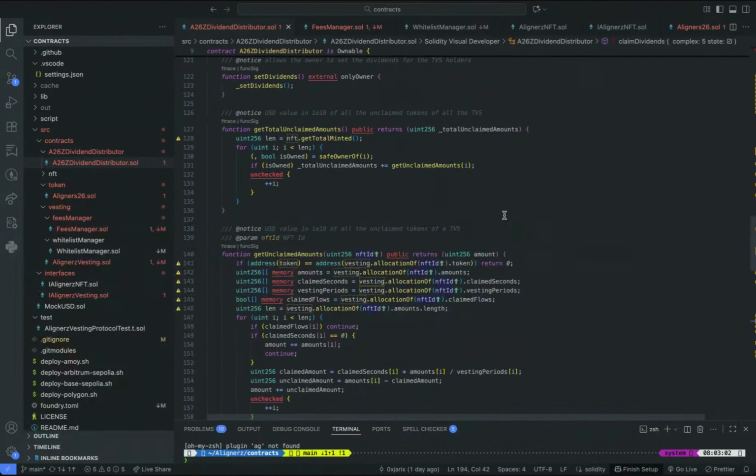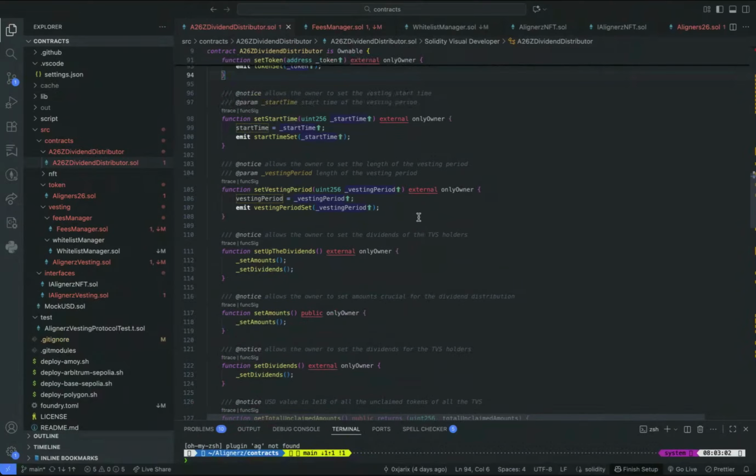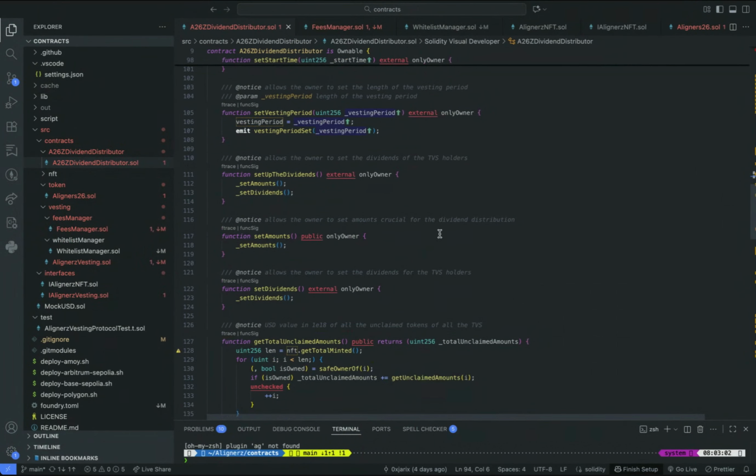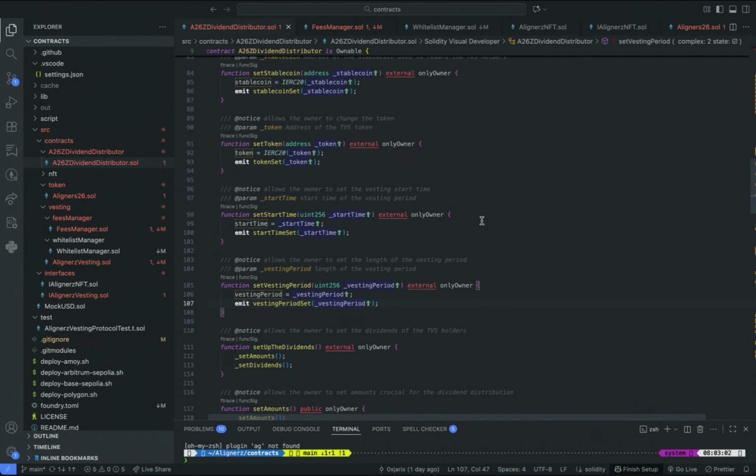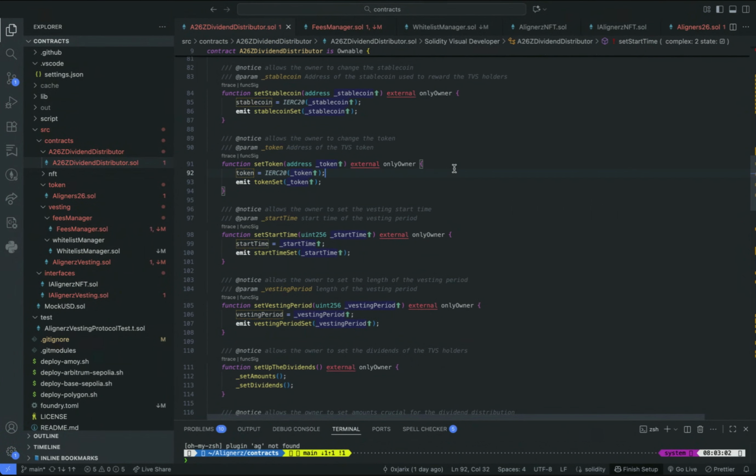And yeah, so the owner will not do anything stupid. So any assumption that the owner might reset the starting time in the middle of the vesting period will not happen. These are admin-only functions, and the owner will only call them once the vesting period is finished in order to perform another dividend distribution, either for A26D, the token of Alignerz, or another token.